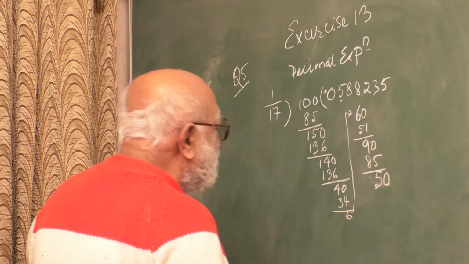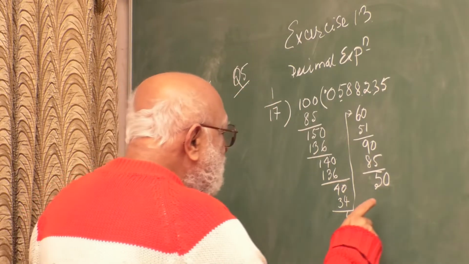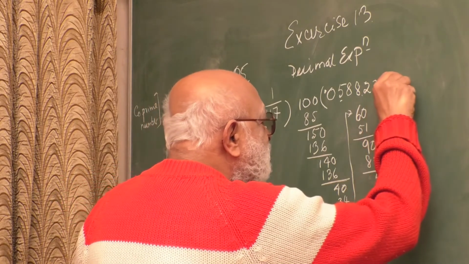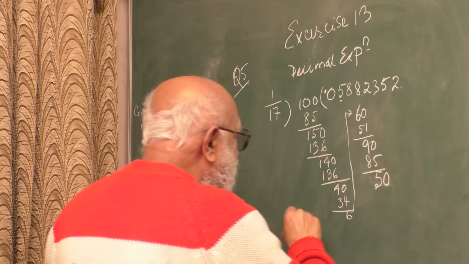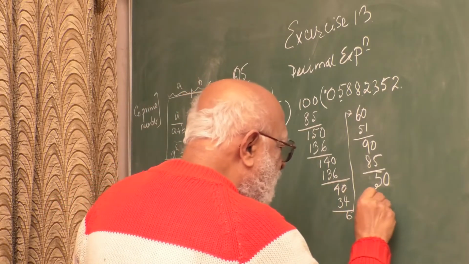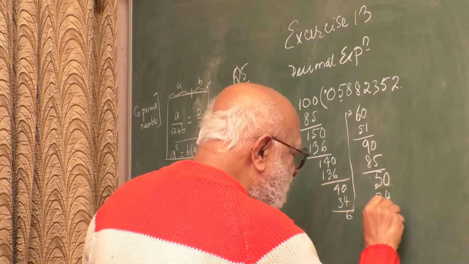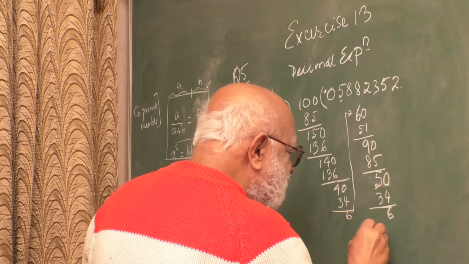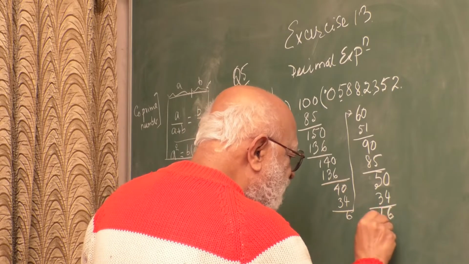Okay, after 50, 3 will not go, another 2 will go. So that will be 2, I have used it before, so that is 34. So I will add up 34 here. So this is 6, and this comes here, so this is 414.